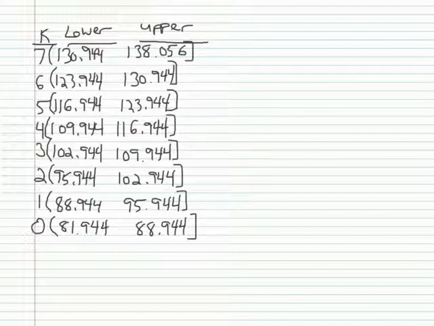Now that you have the intervals, you simply need to go back to the data and start tabulating where each data point falls. I've already done that, so I'm not going to demonstrate that here, but I'm going to add another column. And this column is for the frequency. Hang on a sec. I'm still getting used to writing on an iPad.